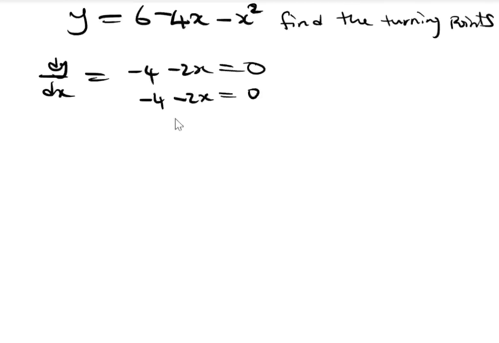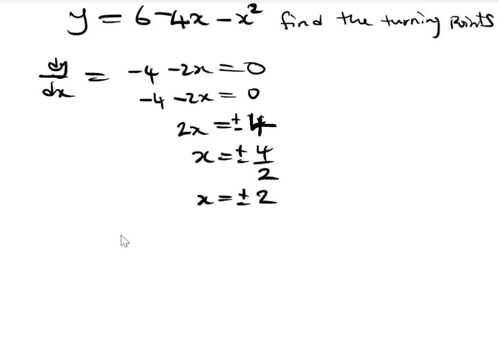Then 2x is equal to minus 4, and x is equal to minus 4 divided by 2, so x is equal to minus 2. Then, when x is equal to 2, we substitute it back into this expression.